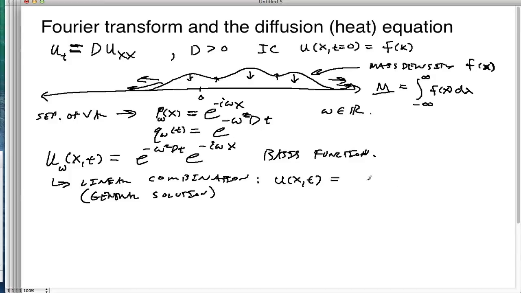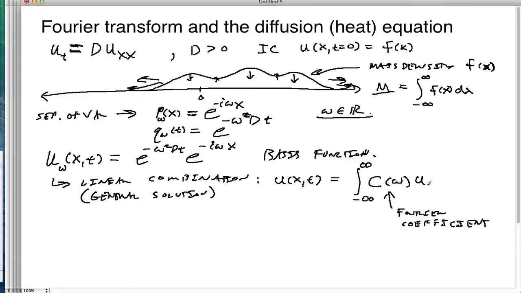This is going to be the integral, and this weighted sum, this linear combination, will be an integral now because we're talking about parameterization by a continuous variable, with c of omega representing a kind of Fourier coefficient, times our u_ω functions.